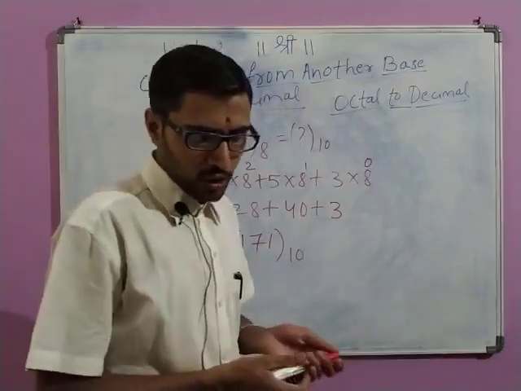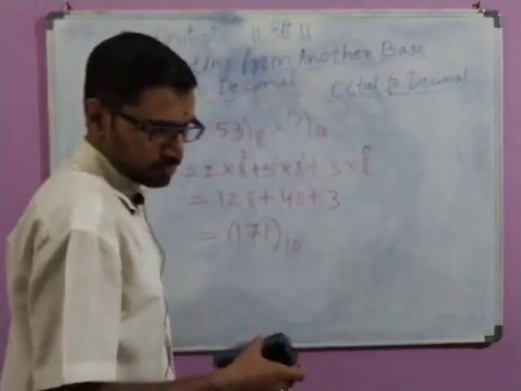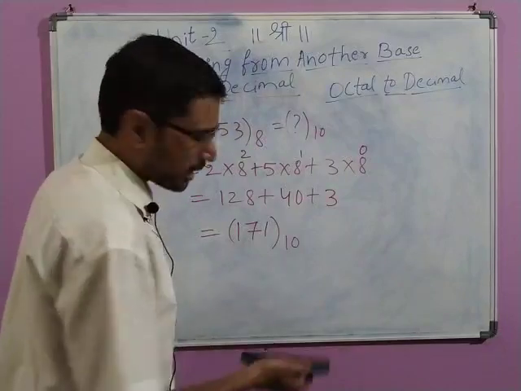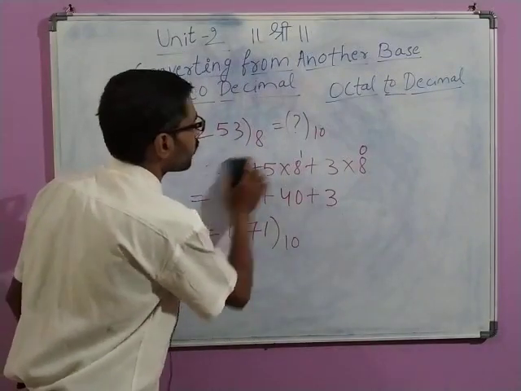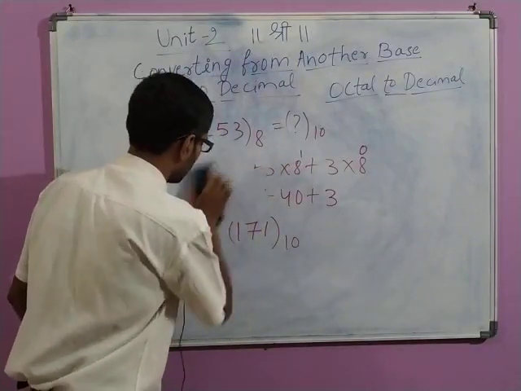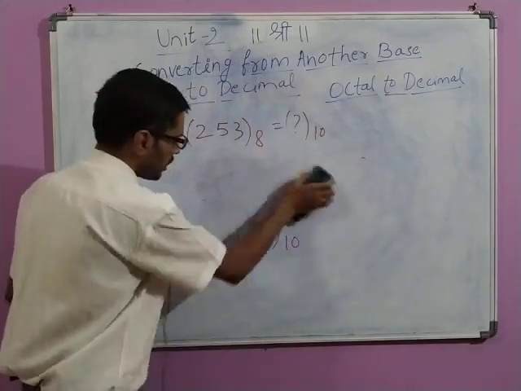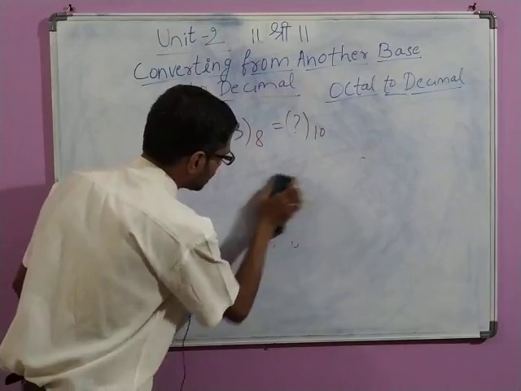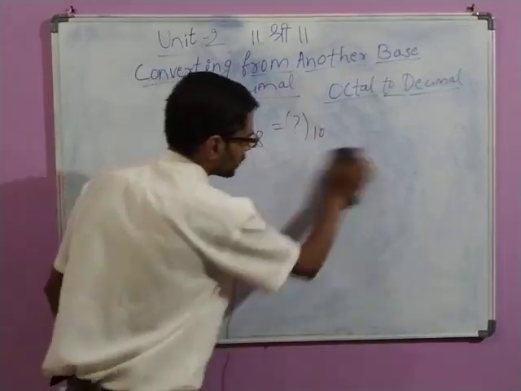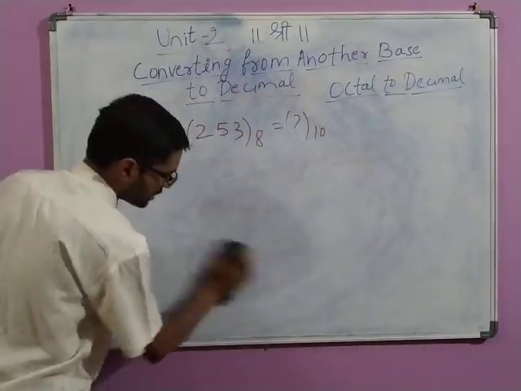So let us take one more example of a bigger number. I can go on solving a number of problems, but it requires practice from your side. The more you practice, the easier it will be.